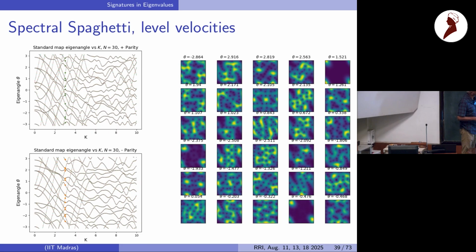And actually this state and this state, these two states correspond to these states. And again, these are highly localized states which are influenced by stable orbits, and they are the ones which are responsible for these straight lines.